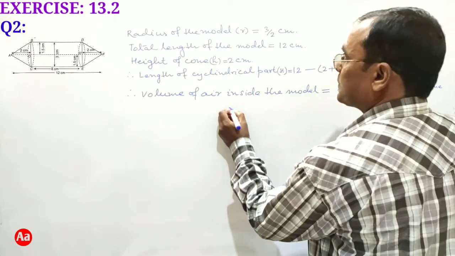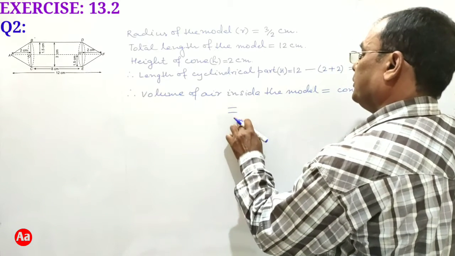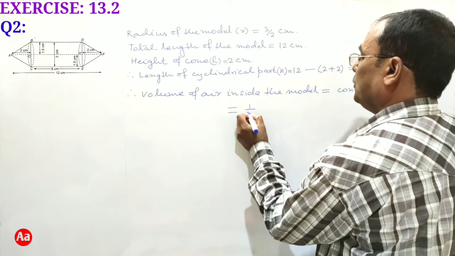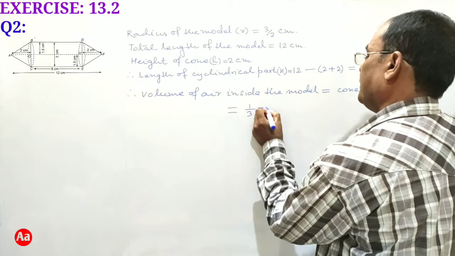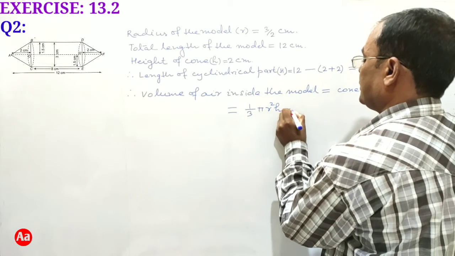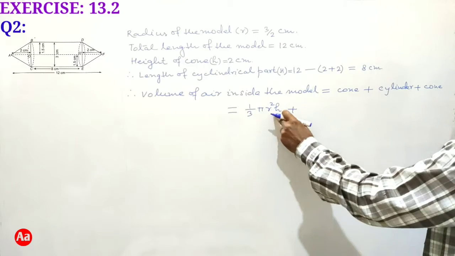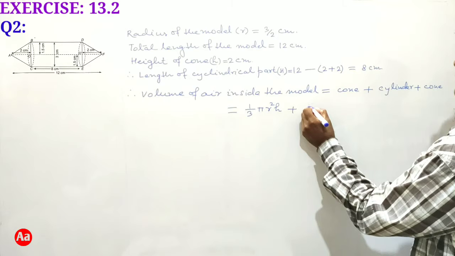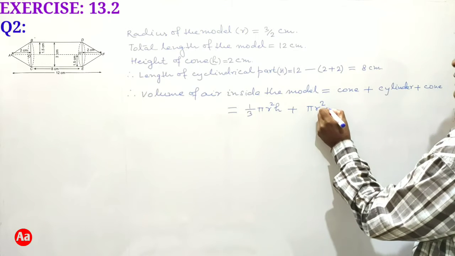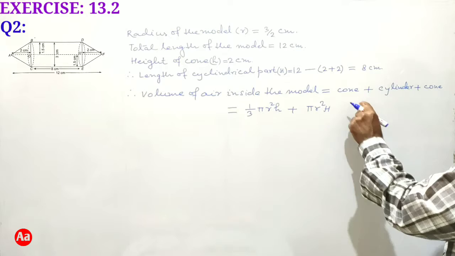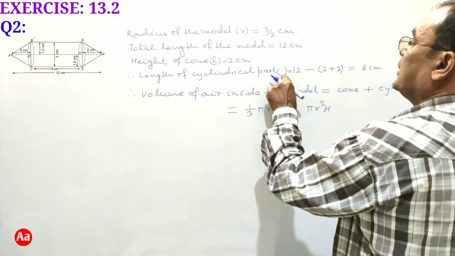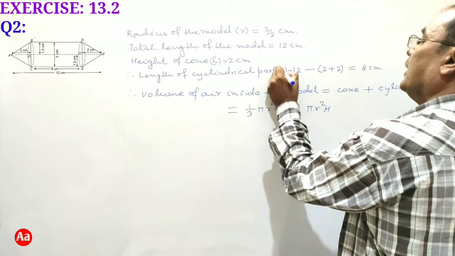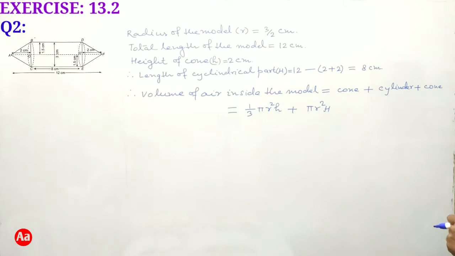So if we write the formula for volume of conical part and cylindrical part, it will be 1 by 3 pi r square h, small h we are using for the conical end of the model, plus pi r square capital H, as we have written capital H, length or we can say height of the middle cylindrical part of the model.